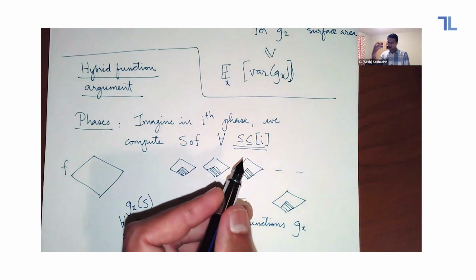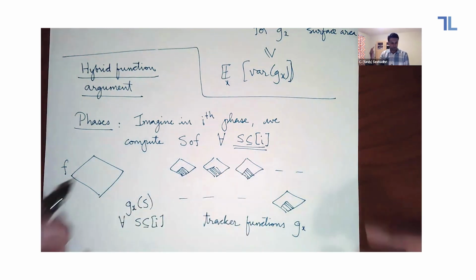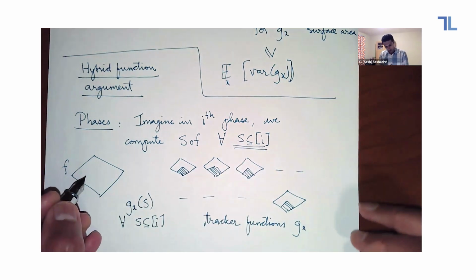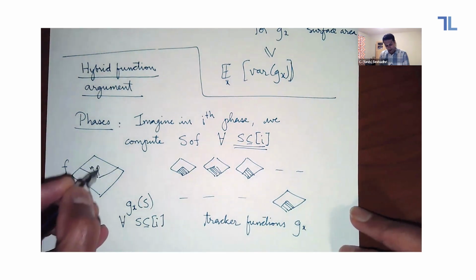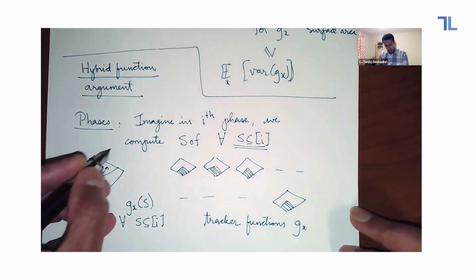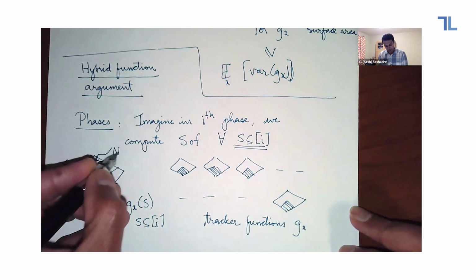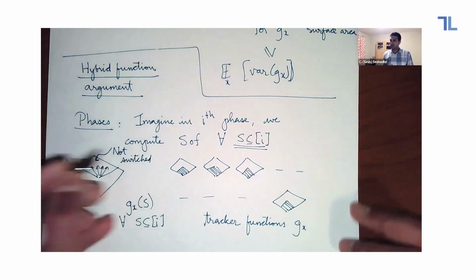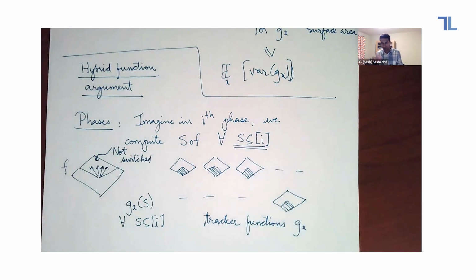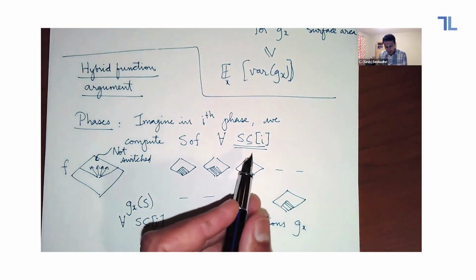If you look at what has happened in f, everything above I has not been switched. This picture is a little imperfect because I'm drawing in 2 dimensions and I'm dealing with d dimensions. But intuitively, in the ith phase, you have computed all of these functions.